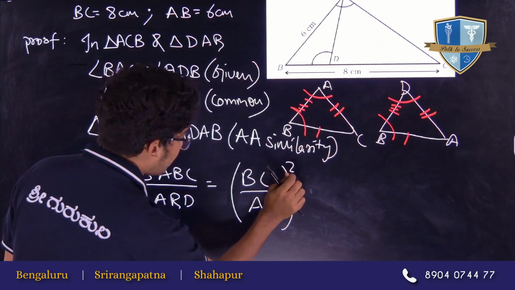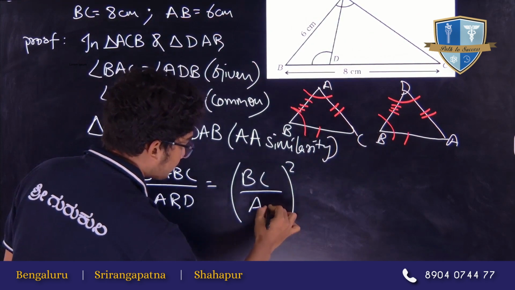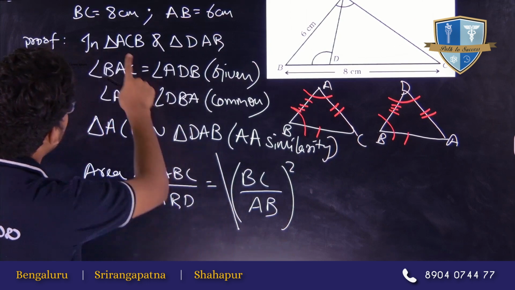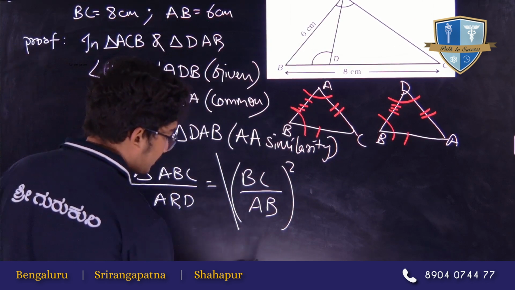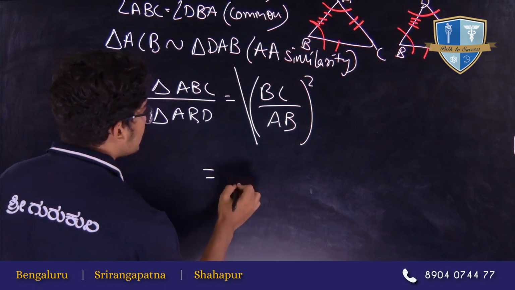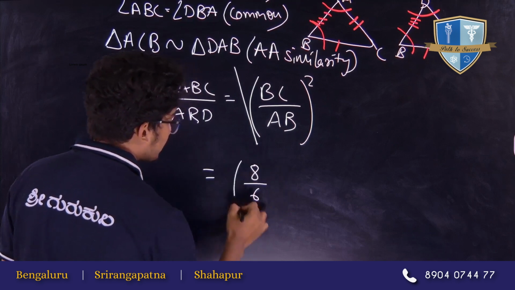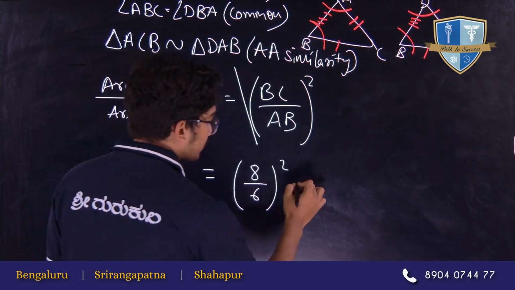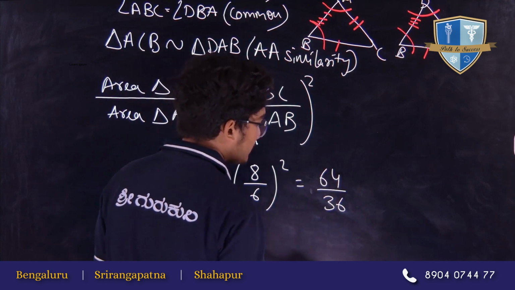Sorry, this is AB, right? BC and AB. See, in the given data, BC is given as 8 centimeter and AB is given as 6 centimeter. So this ratio will be equal to 8 centimeter by 6 centimeter the whole square, which is equal to 64 divided by 36, correct?